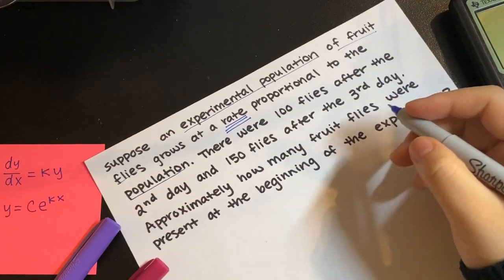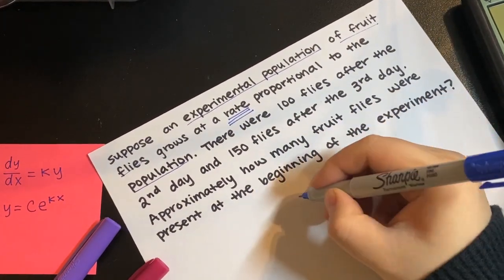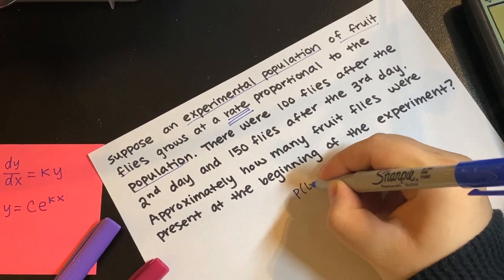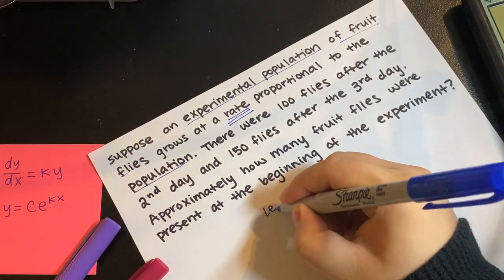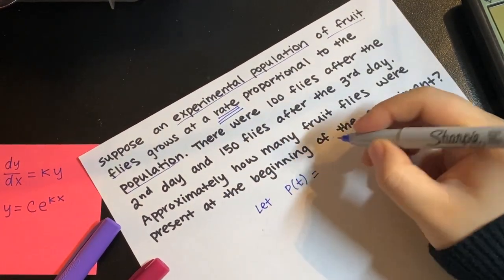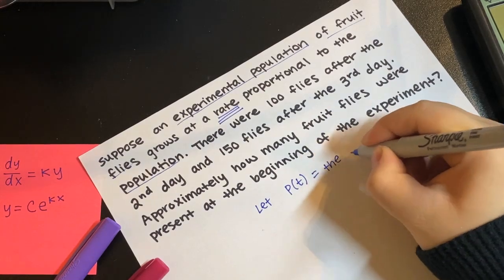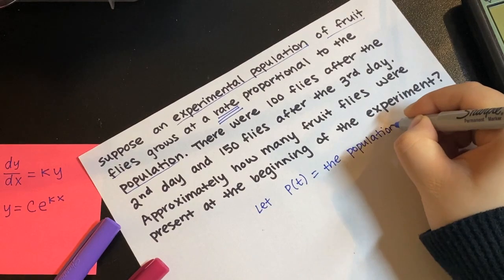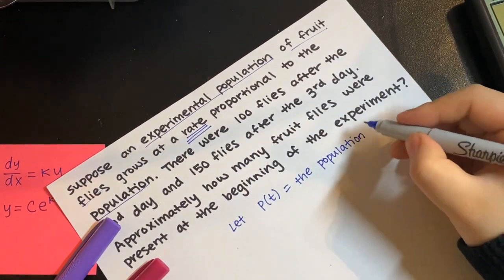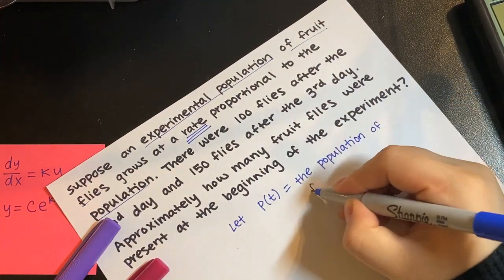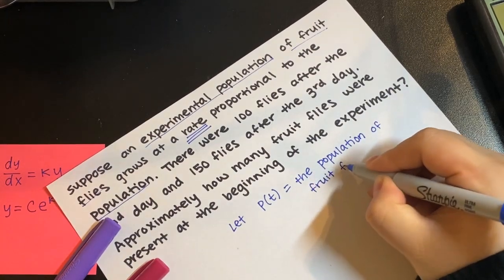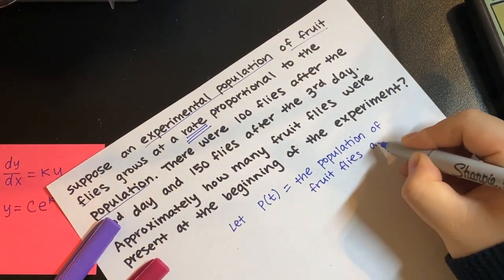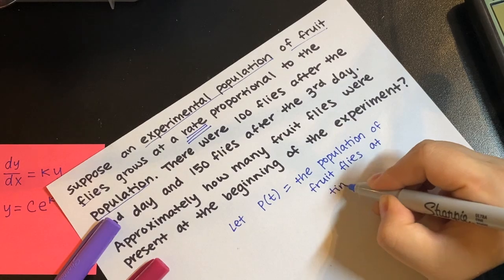So right there, let P of t equal the population of fruit flies at time t.